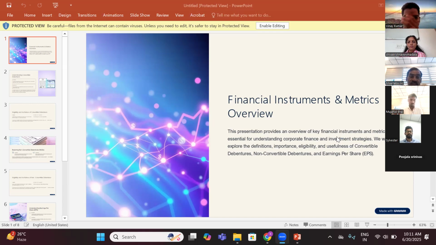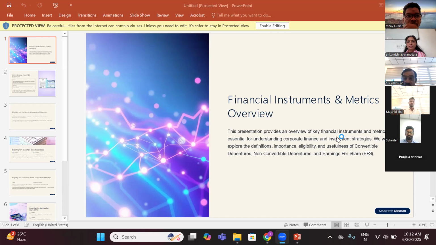Then they will go for issue of non-convertible debentures. These non-convertible debentures cannot be converted into shares. They are fixed, for a period of 1 year, 2 years, and can last for a long period. It will be invested in the company.